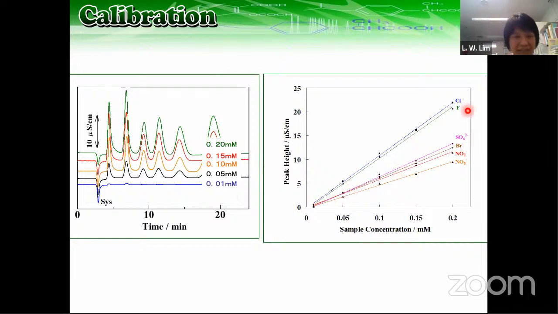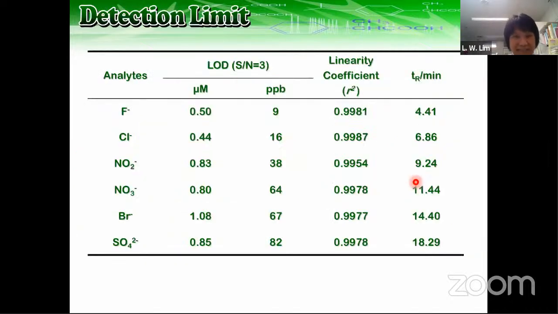Then you can determine the detection limit of your column, what we call the limit of detection. With a suppressed system, your limit of detection can be very low, to the ppb level. And the linearity here, as long as it is 0.99 and above, it is okay.